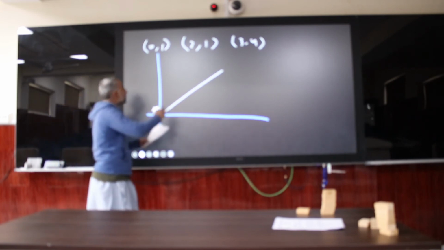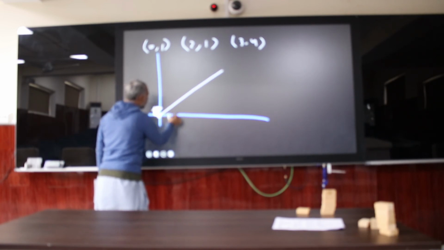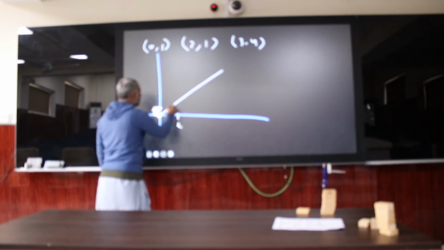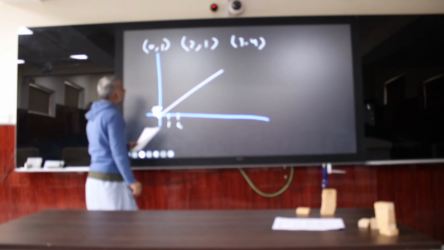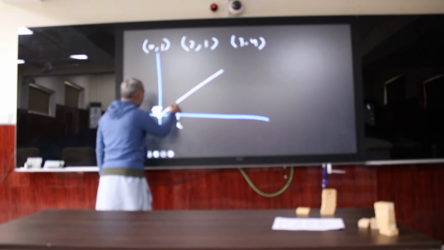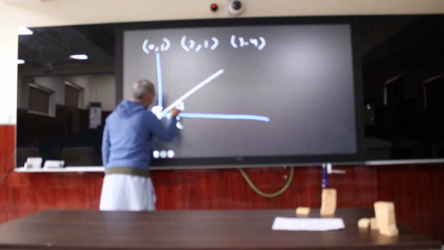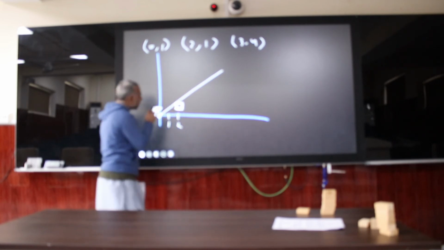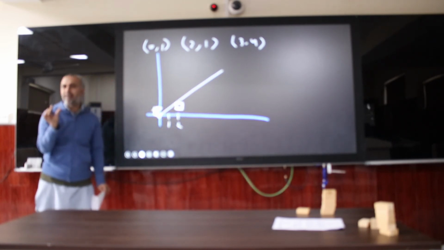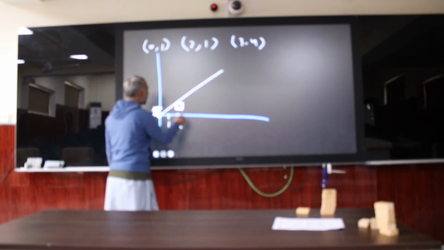For the second one, the x-axis is 2 and the y-axis is 1. Because this is the first one, this is the scale. Everywhere you notice I am talking about the scale difference.